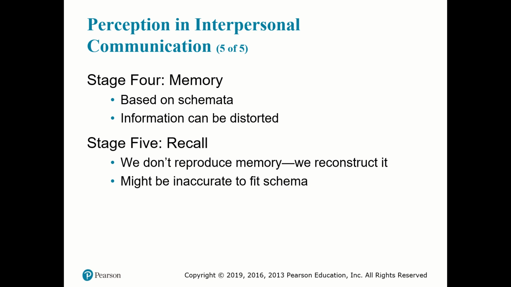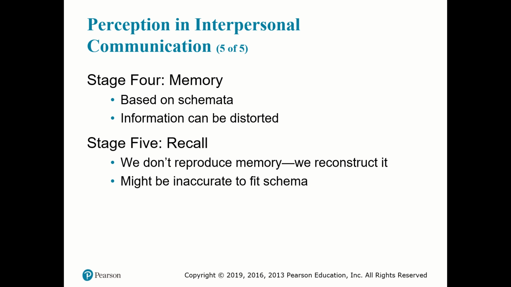So when we meet people, we make assumptions about them based on what we already know about their quote-unquote type. It's based on our schemata. Even if we learn that something is different than what we expected, we're still more likely to remember just our schemata. So information can easily be distorted through memory.